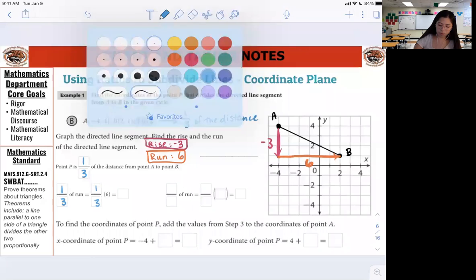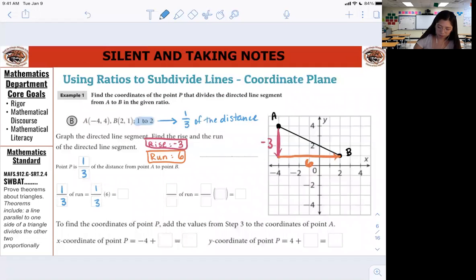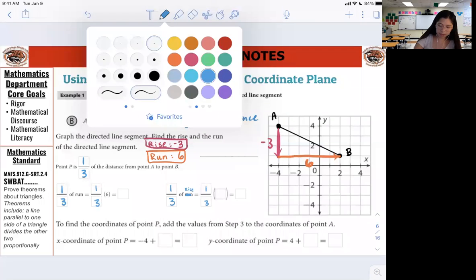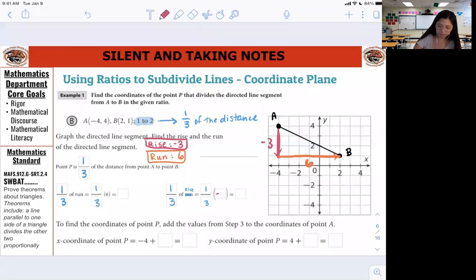And then also what's 1/3 of the rise. So what's 1/3 times -3?